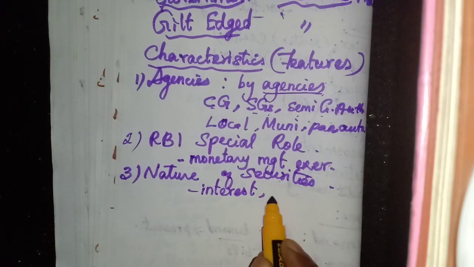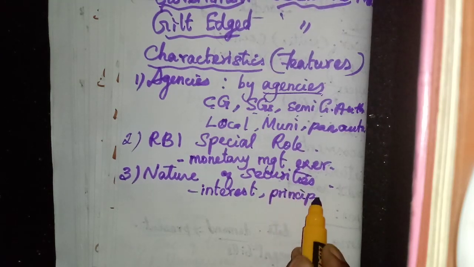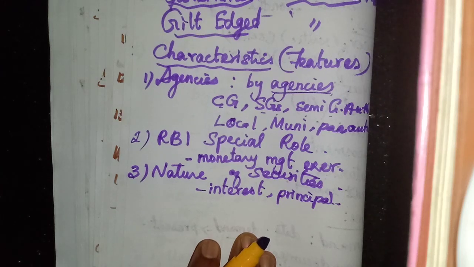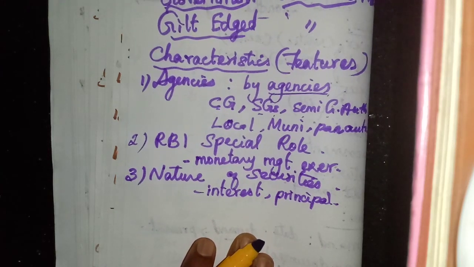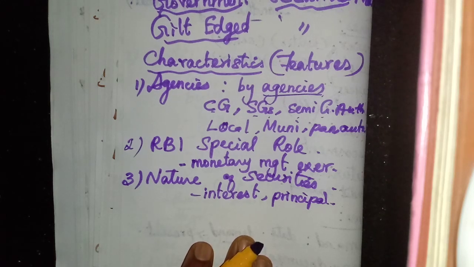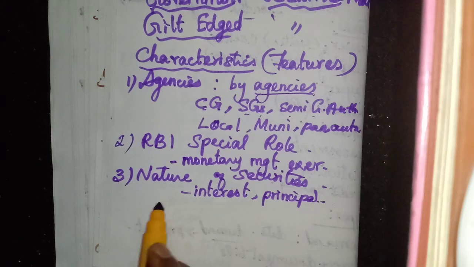And the repayment of the principal amount, whether we have paid 15,000 or 1 lakh, they will pay the interest monthly or yearly, and at the same time they will pay back the principal amount also. That is the nature of the securities.